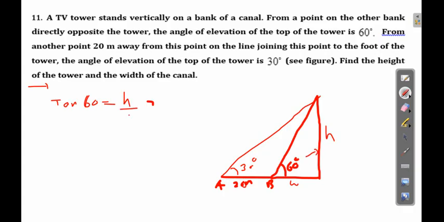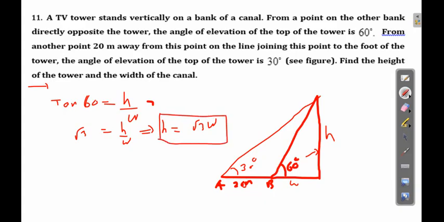It is W. And we know that tan 60 is root 3. So root 3 equals H upon W, and this implies H equals root 3 W. This is the value of H. It is a simple problem.